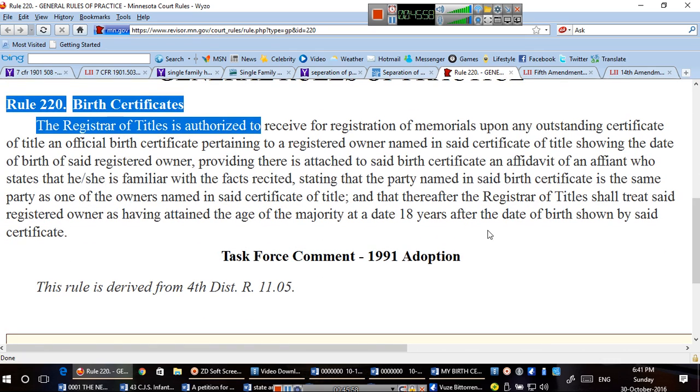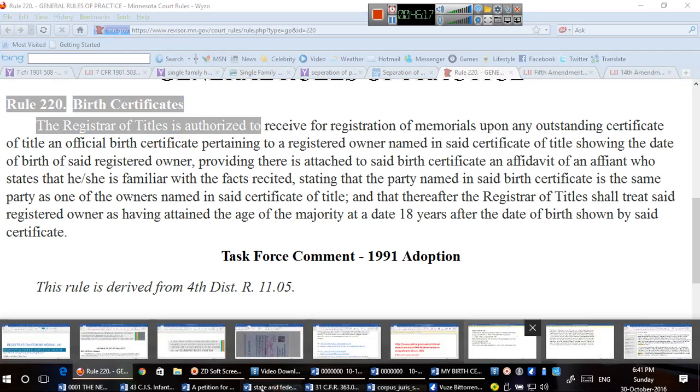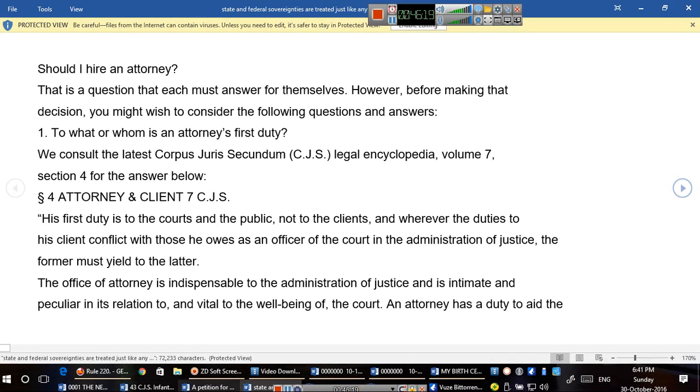Why do I just put this here? Because I want the county register and everyone to know that I understand that I don't need to use Minnesota's code. I'm just using the wording of their statute, which complies with all of the other states because they're all dealing with the age of majority. What do you mean, how do I know? You see what I'm dealing with?